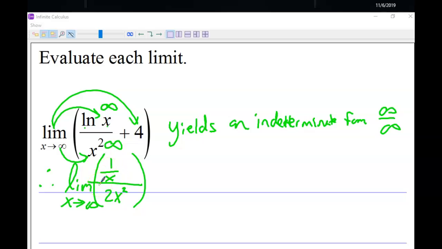How do we do this? I'm going to multiply the top and the bottom by x. How's that? That way that goes away. And we end up with the following. The top is now just 1, and the bottom is 2x squared.